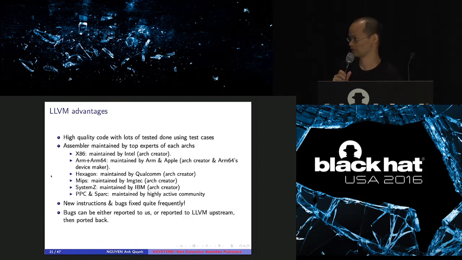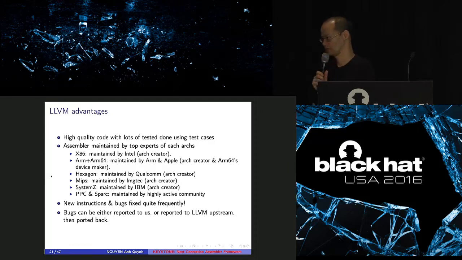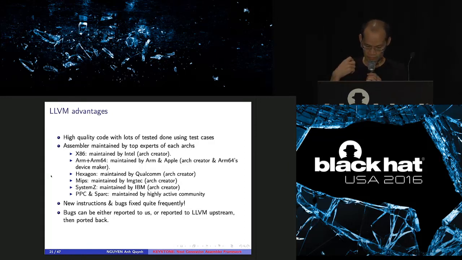All those CPU vendors support the assemblers for those architectures inside LLVM. And Sparc and PowerPC are developed and maintained by a very active community. So the good thing is that new instructions are updated very frequently and bug fixes get in very frequently. So you have very good code and support for the latest CPU instructions.